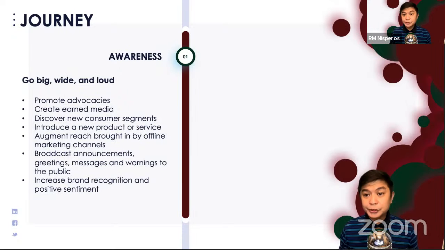You can introduce your product or service. Awareness is about promotions to as many eyes as possible. So it can cross over to your offline marketing channels and to your online ones. It's about brand recognition and positive sentiment. You create content that would be positive to your brand.